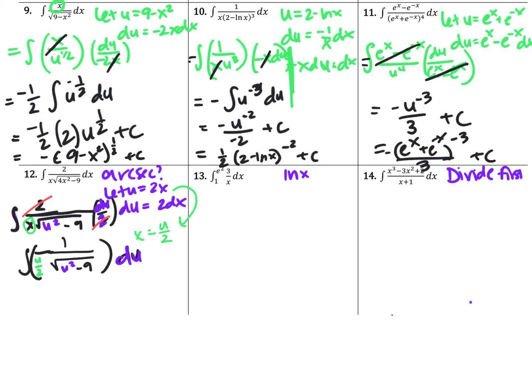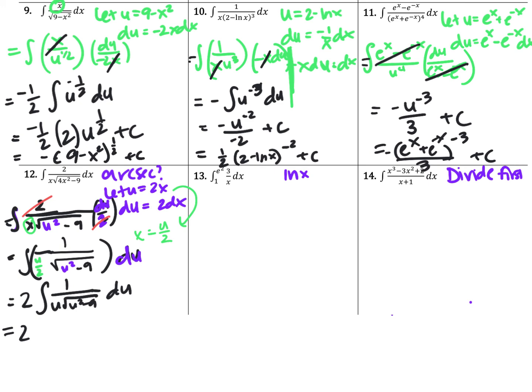If I have 1/2 in the denominator, that's really the same thing as having 2 in the numerator. So I'm going to take a 2 out of my integral so that it's easier to see the arcsecant that's happening here. There we go. So now we're going to get 1/3. So this 2 is going to stay in front.